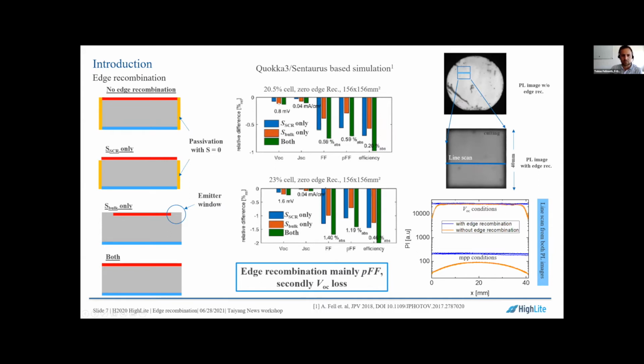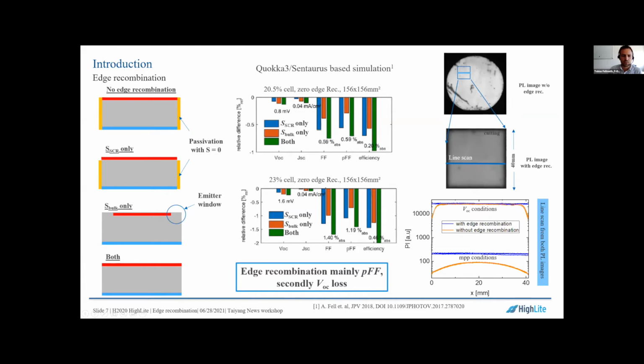This would be the 20.5%, or the 23%, with the surface recombination velocity, a very complex word, of 0. And then here, rather theoretically, a state where you have an open unpassivated p-n junction, then something like bulk recombination only, meaning edge recombination here without an open emitter. And then, of course, the normal configuration where you have an open emitter also on the edges.